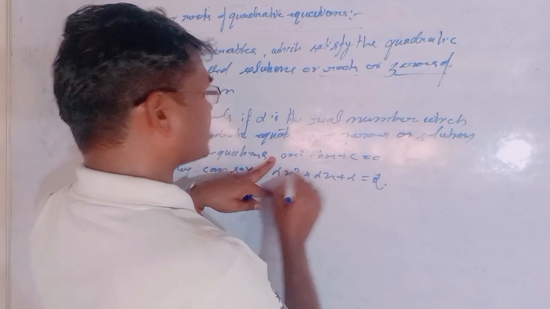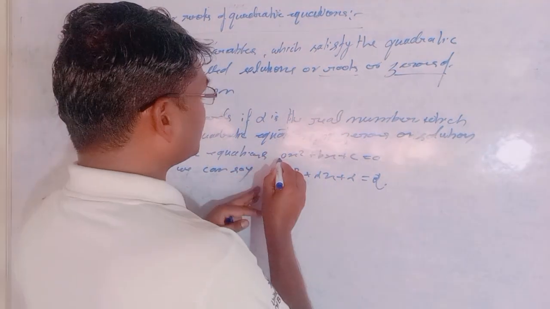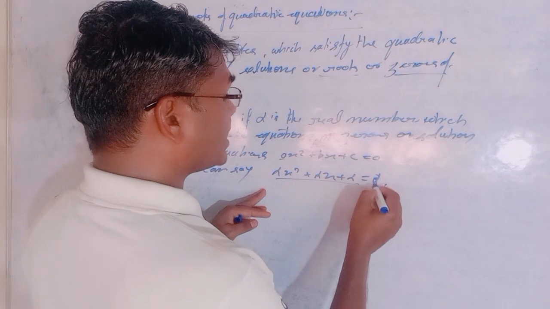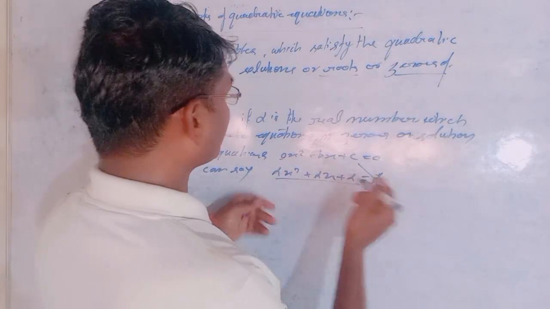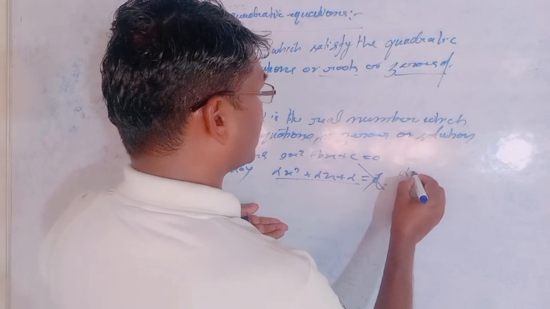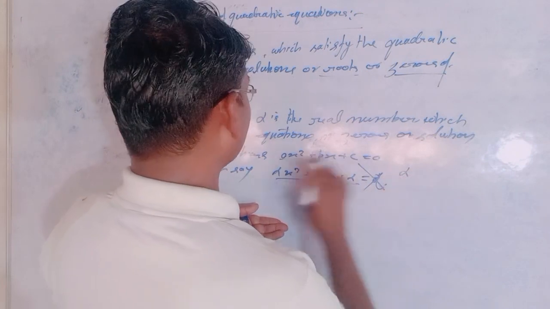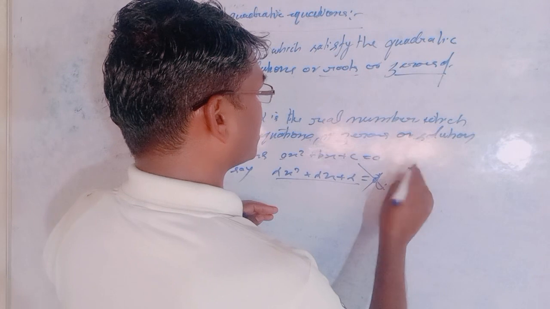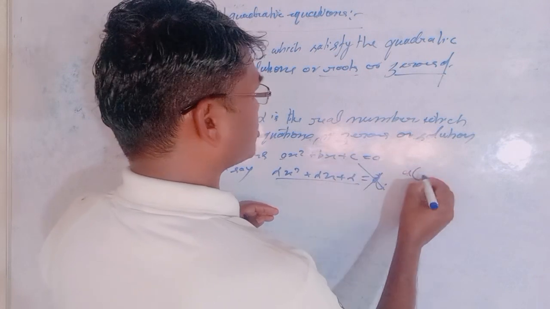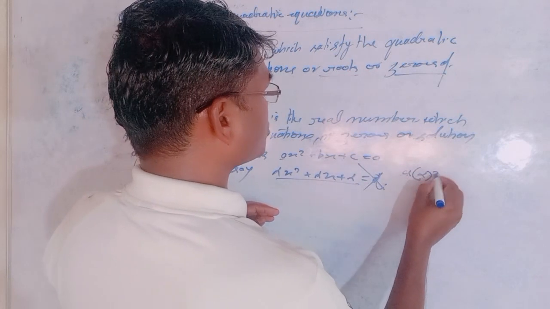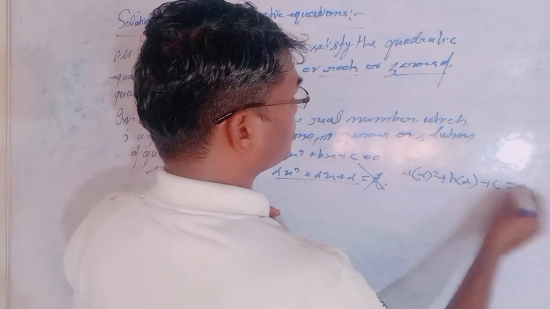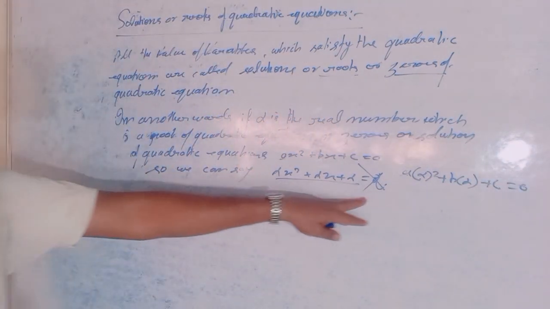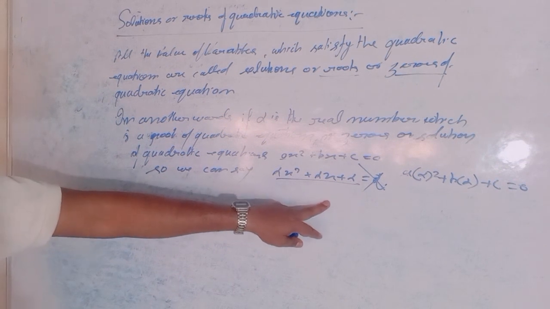Because alpha is a real number, we will substitute it in place of x. So a times alpha square plus b alpha plus c is equal to 0. Got it? This will always be the case.